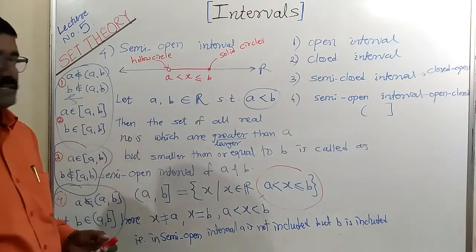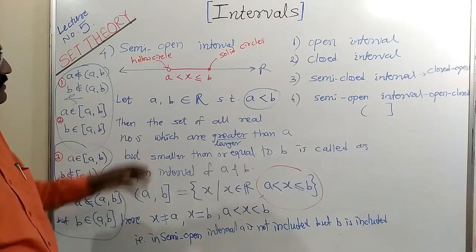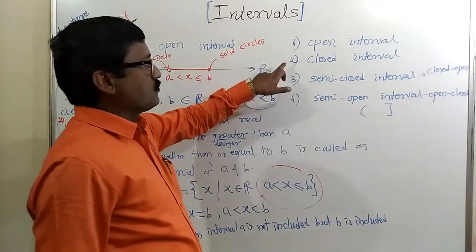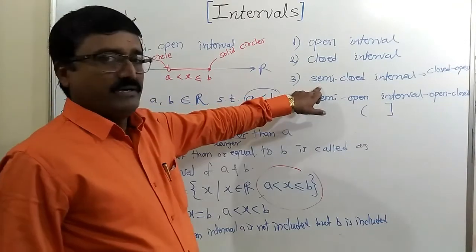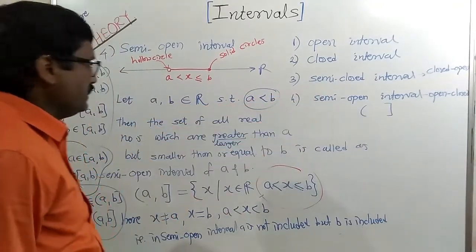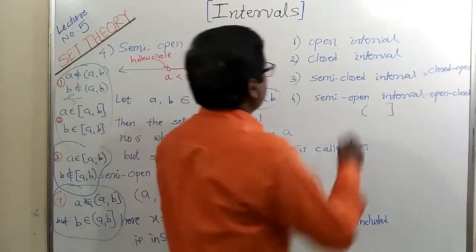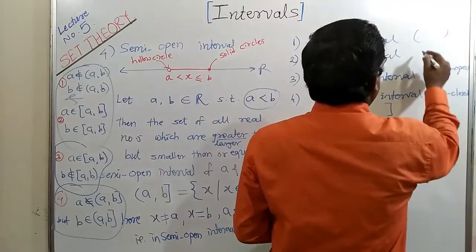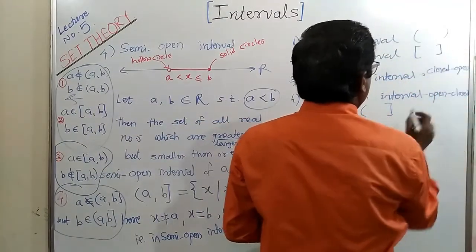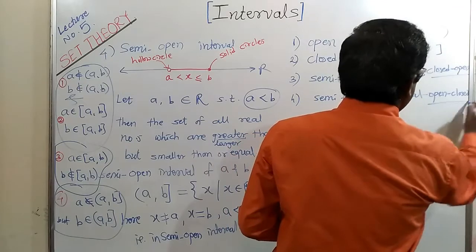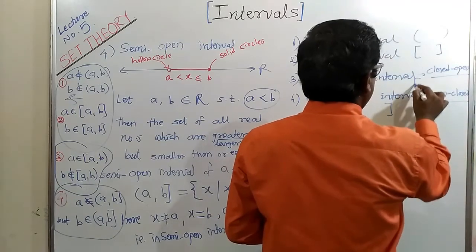Is it clear? You can say the first set is the open interval, then the closed interval, closed open interval, and open close interval. Let us see the symbols. Open interval means open, close; this is closed open, and this is open close.